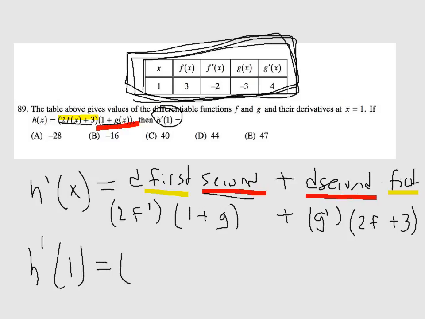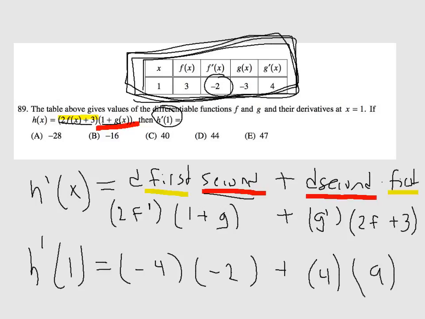Alright, we're getting closer. Alright, 2 times f prime. Well, f prime, let's see, it's negative 2, so this could be negative 4. 1 plus g, so that's 1 plus negative 3, so negative 2, plus the derivative of the second, which is g prime, so that's 4, plus 2 times 3, which is 6, plus another 3, makes 9.